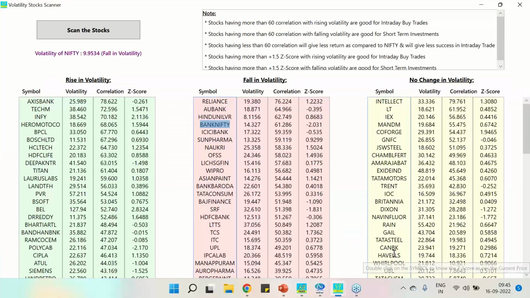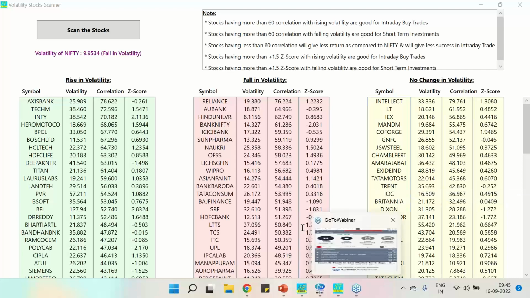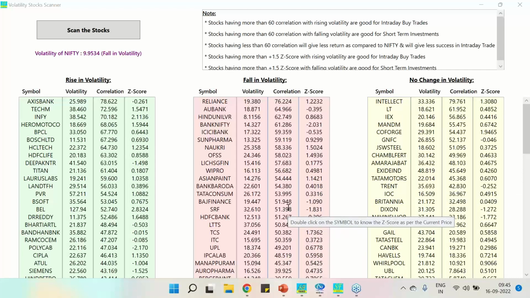So pair trading is nothing but an advanced version of a hedged trade. Pair trading or option strategy trading are the advanced versions of the hedging trades. Here you are taking two counter positions. In the Z score based system, I told you to sell Bank Nifty and buy Nifty based on the Z score.